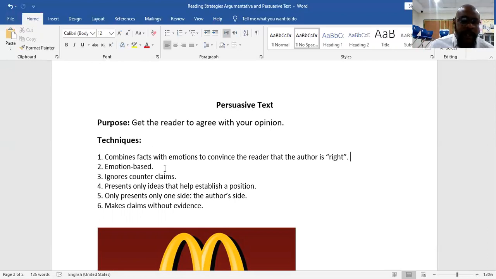It will only look at their side and only tell you what is good about their side. So also, when you do see a text that talks about the other side or another point of view, it will always be negative and their point of view will be positive. So they're always trying to convince you that they are right or that they are good.